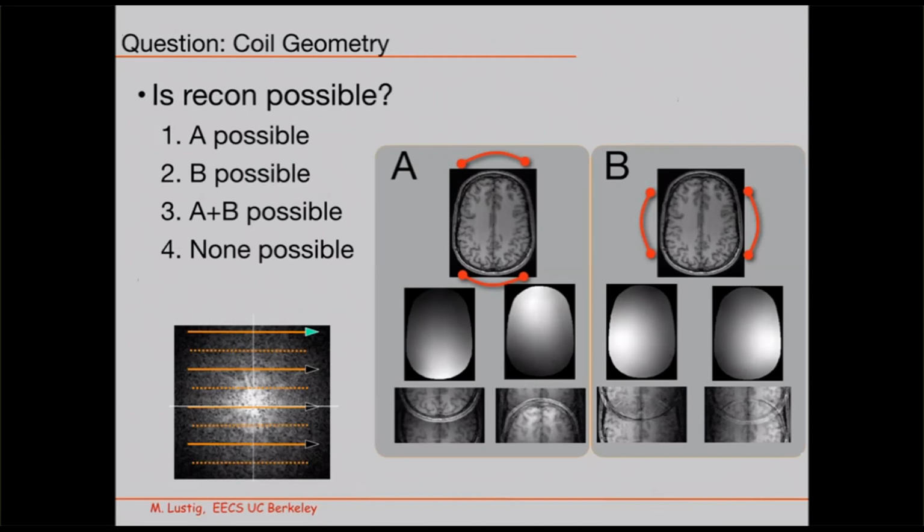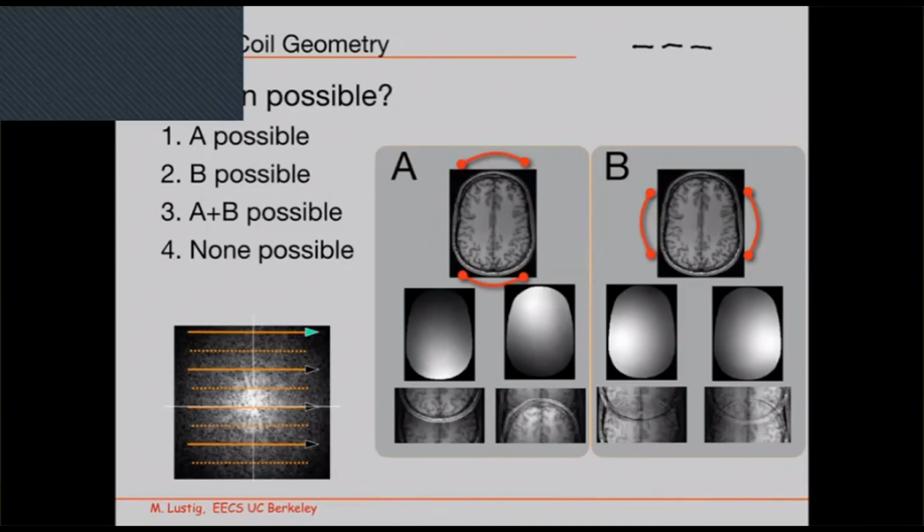Okay, so here's actually an example. This is also a brain, and this one is, hold on. Okay, pick a letter. A? Quick, come on.